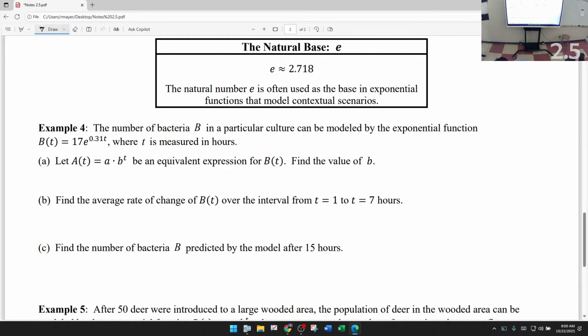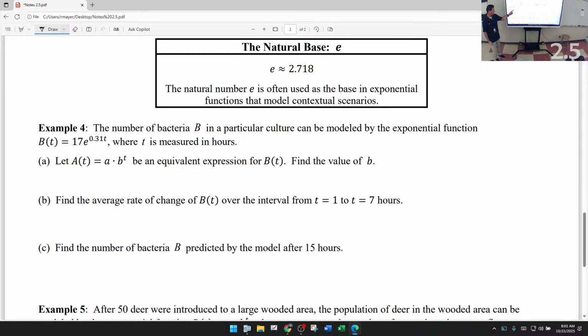Stepping up to an AP question. Natural base e. e is 2.718, never ends, never terminates. The natural number e is used as the base of exponential functions that model contextual scenarios. The number of bacteria B in a particular culture can be modeled by B of t equals 17 e to the 0.31t, where t is measured in hours.